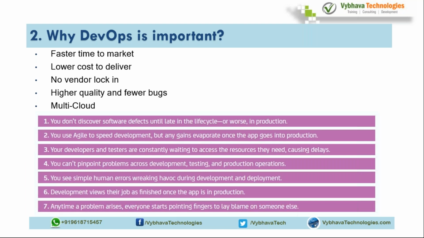Previously, there were access limitations. A developer would have only development environment access. QA would have only QA testing environment access. And for production, only the operations team or administrators would have access. So like that, it was distributed. Now there is no limitation in DevOps.